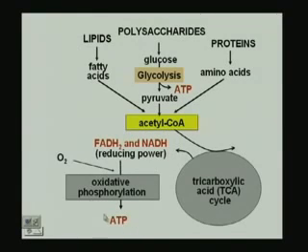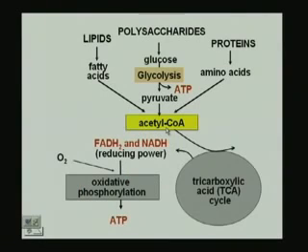Okay, this is a part that we have studied in a bit of detail, and now we are going to look at glucose going to pyruvate in the process called glycolysis, also producing ATP but requiring ATP in a number of steps, and finally acetyl CoA that is going to be utilized in the tricarboxylic acid cycle, also known as the Krebs cycle.